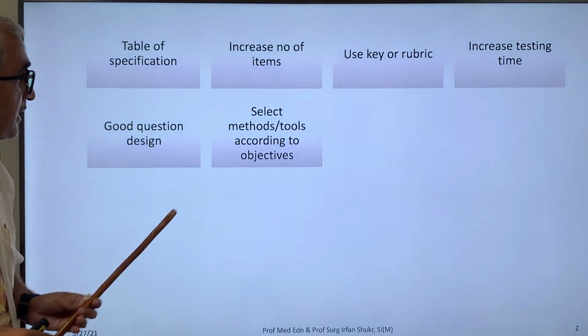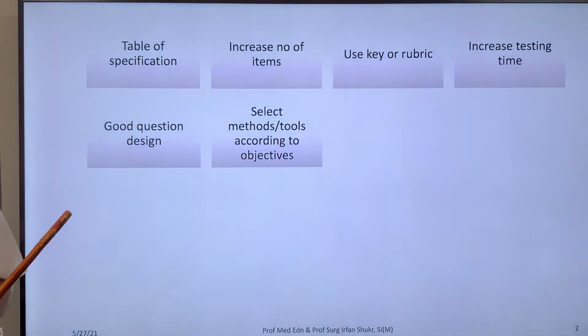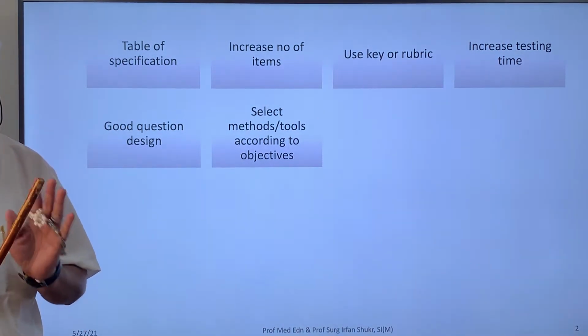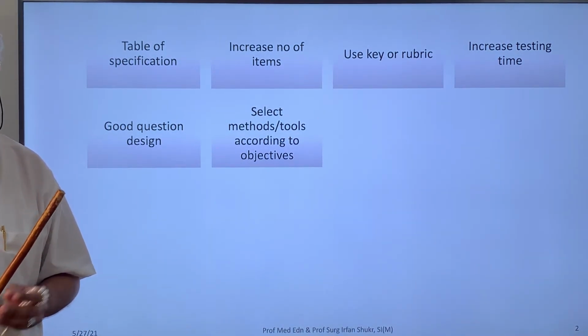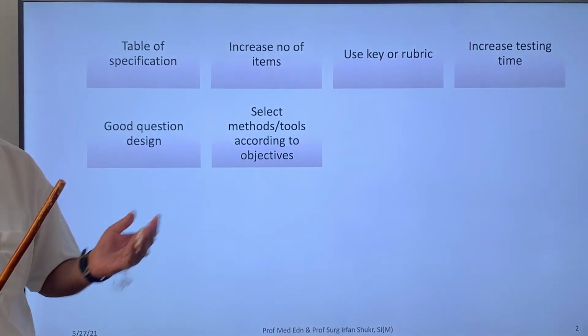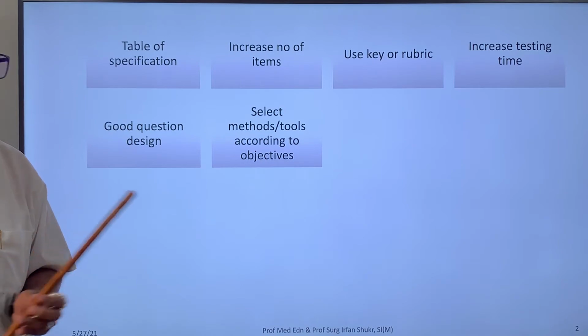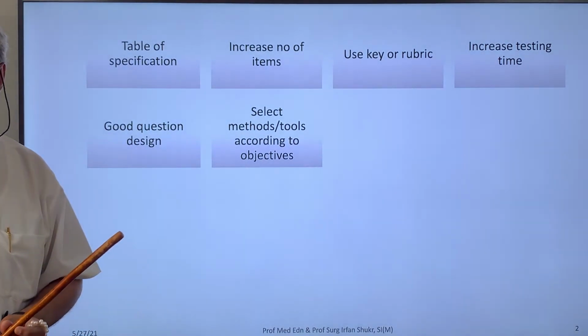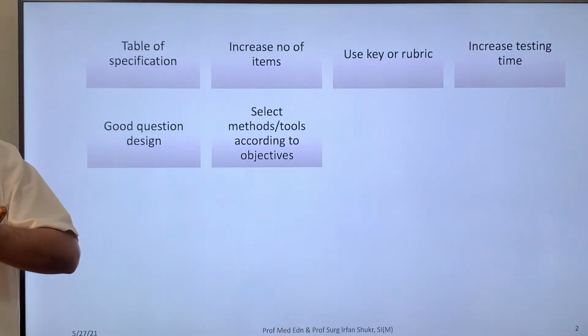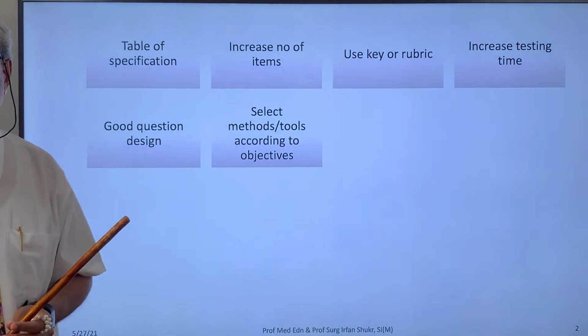You must select methods and tools according to objectives. If the learning outcome is of knowledge, then obviously selecting a tool like written questions is very nice. But if the learning objective is psychomotor, then the knowledge component which is required for the psychomotor skill, you can check with questions.